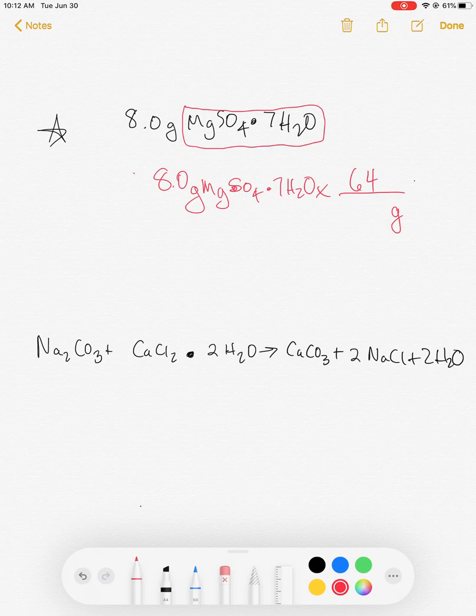That's 120 grams. Then we add in the 7 waters, and that is 246, and you can do the math there.